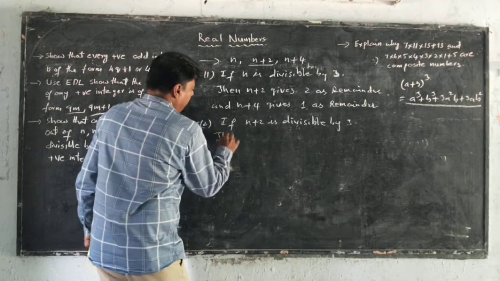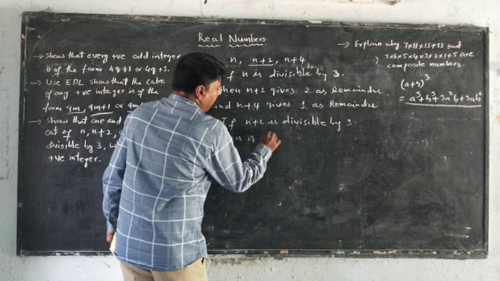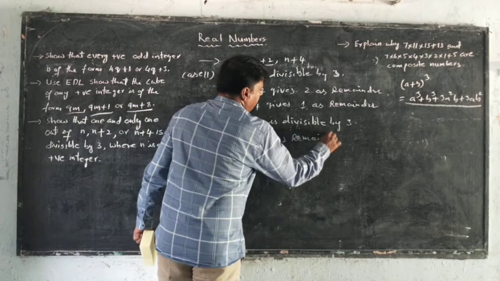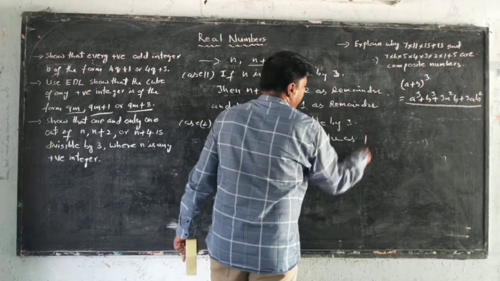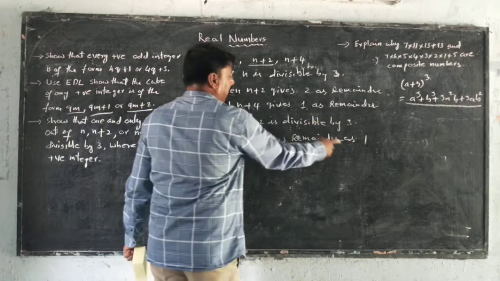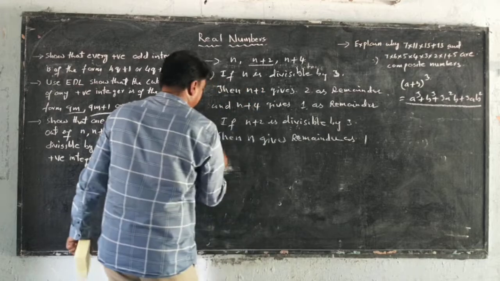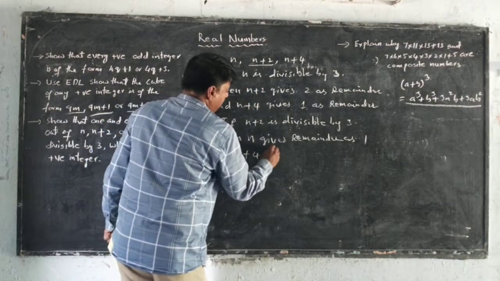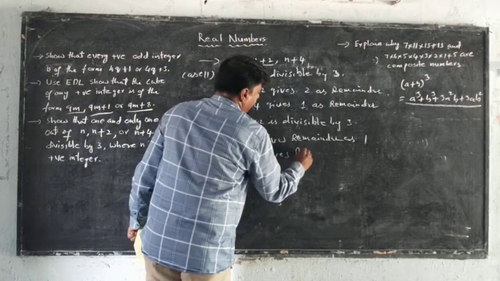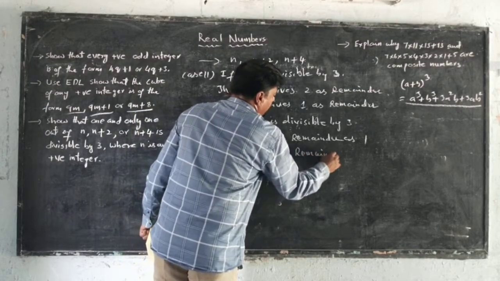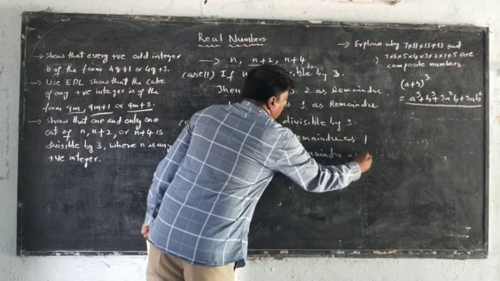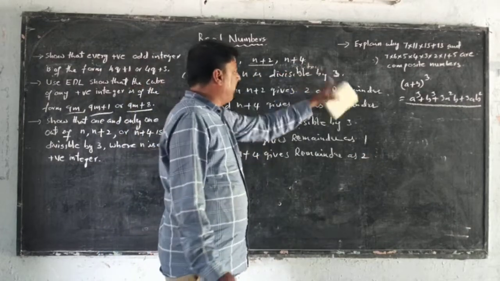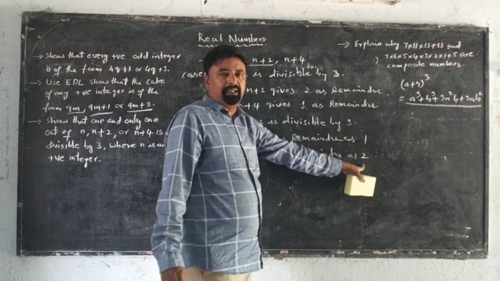Then n gives remainder 1, because 1 divided by 3, the remainder is 1. In the same way, n plus 4 gives remainder 2, because my value n is 1, 1 plus 4 is 5. When 5 is divided by 3, you will get remainder 2.